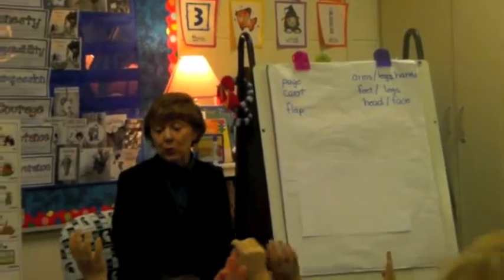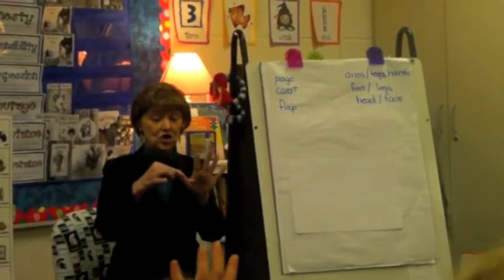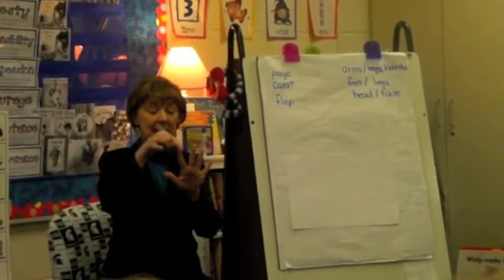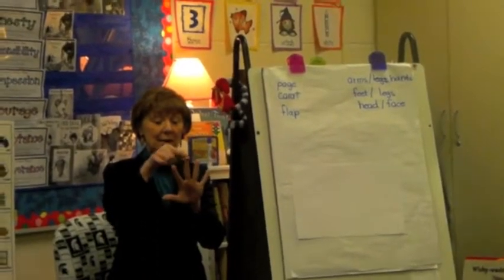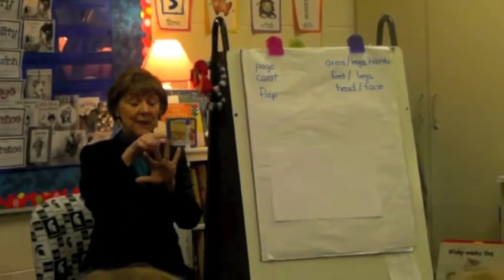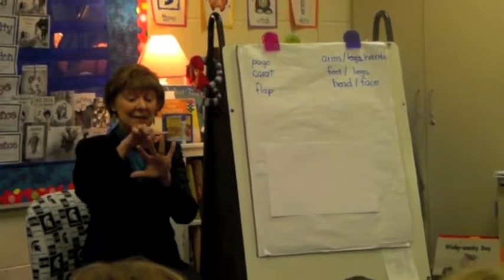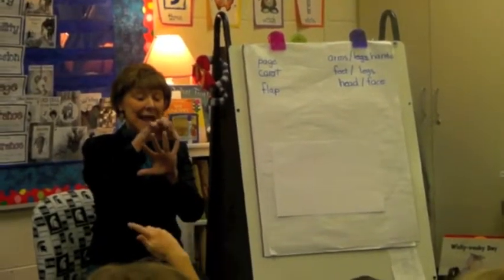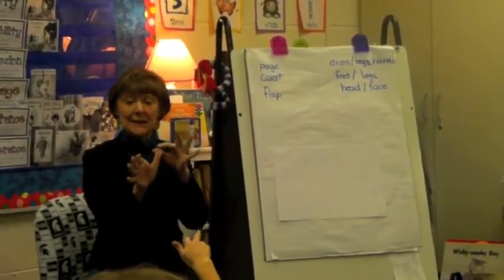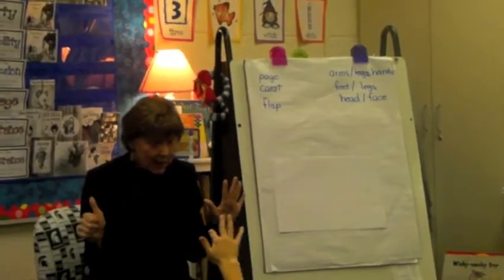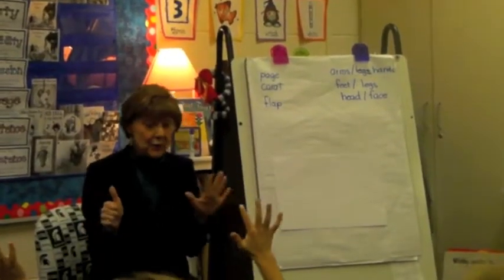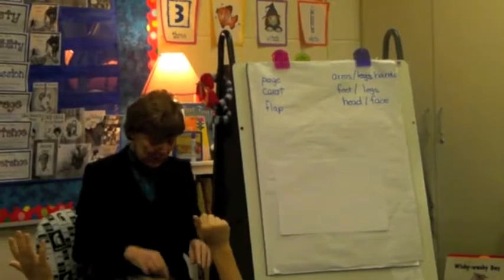So let's count the words first. She, space, held, space, her, space, dad's, space, hand, space, tightly. How many words do we have? 6. Very good. And we have spaces between them.